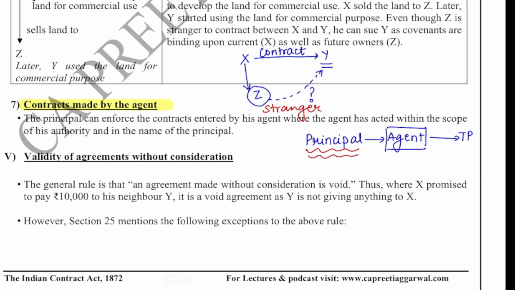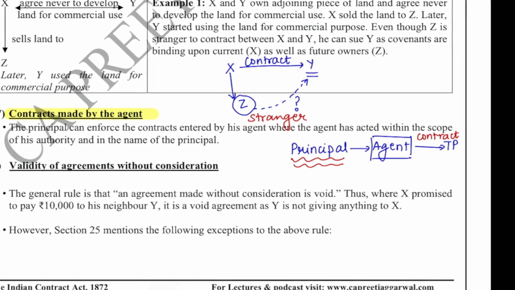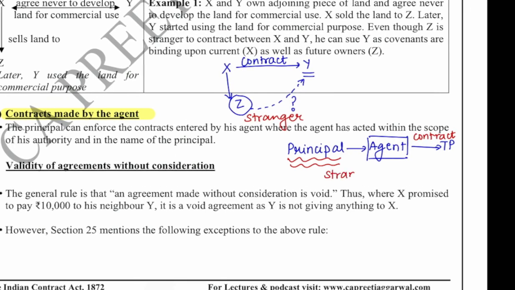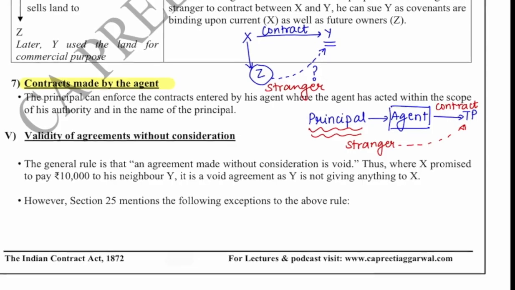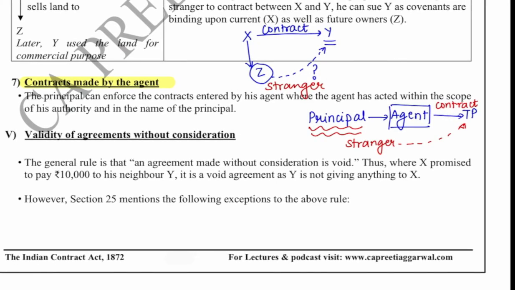So it is actually the principal who is liable. The contract is between agent and third party, but the agent is acting on behalf of the principal. Principal, even though he's a stranger, can take action against the third party. So the principal can enforce the contracts if the agent has acted within the scope of authority. It means the principal is liable for all the authorized acts of the agent.